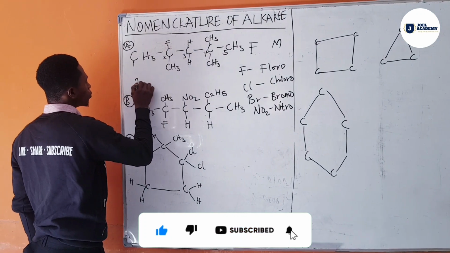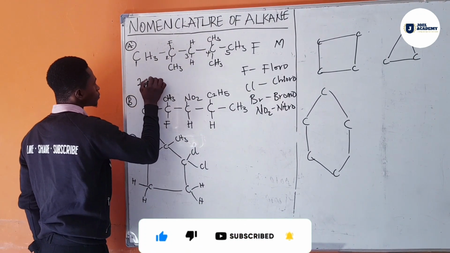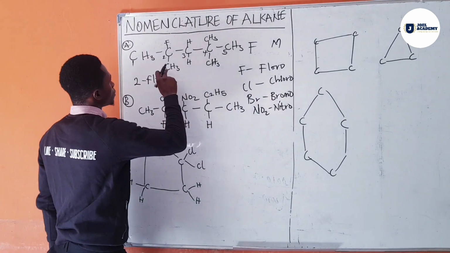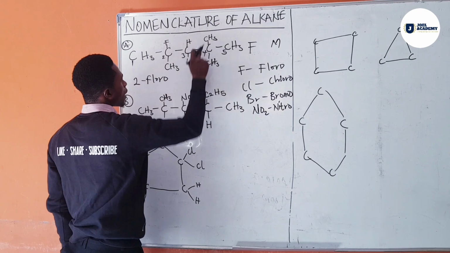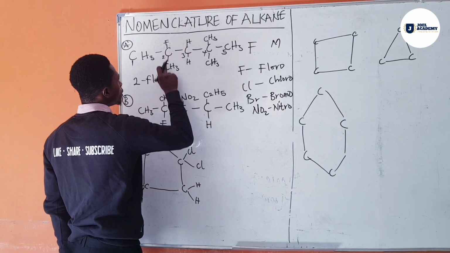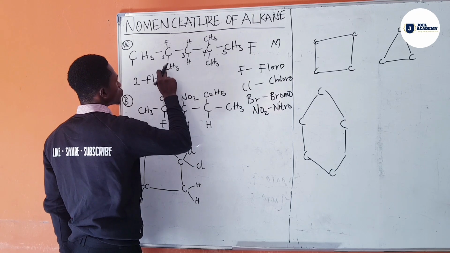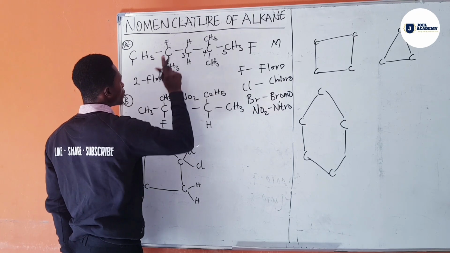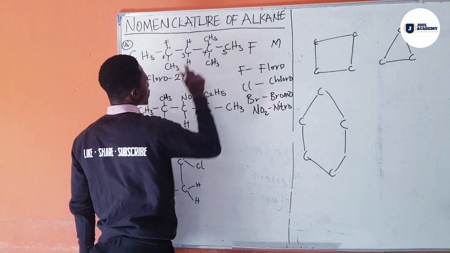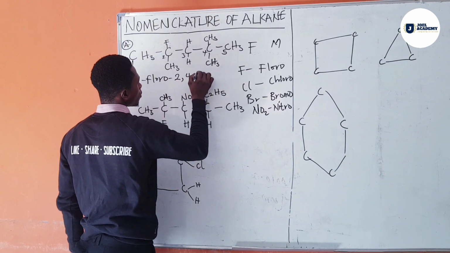So this is 2-fluoro. And methyl is here and methyl are also here. The carbon atom that this methyl is attached to is carbon 2. So this is 2-fluoro, 2, 4, 4.